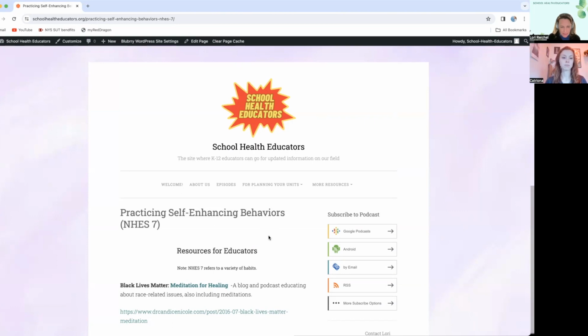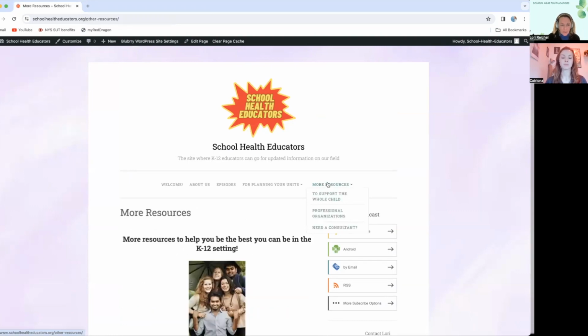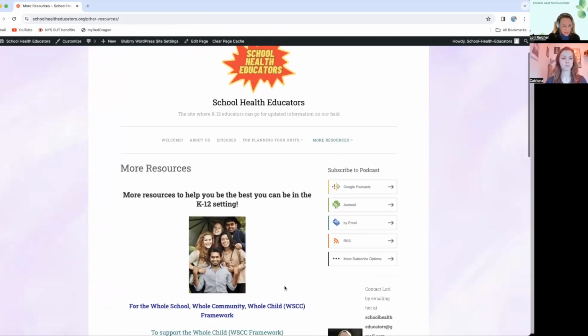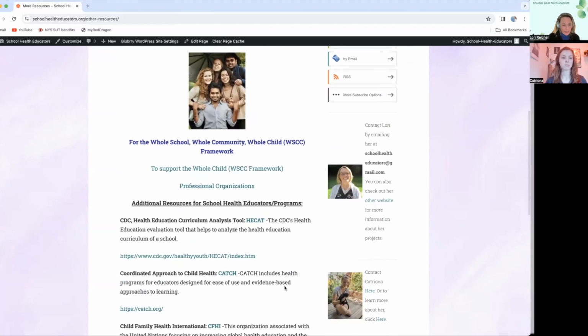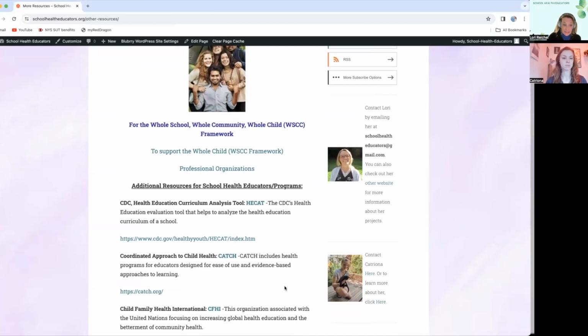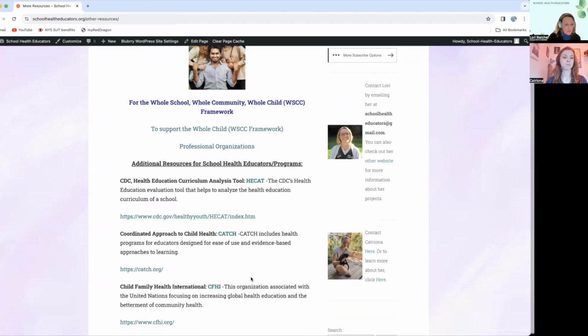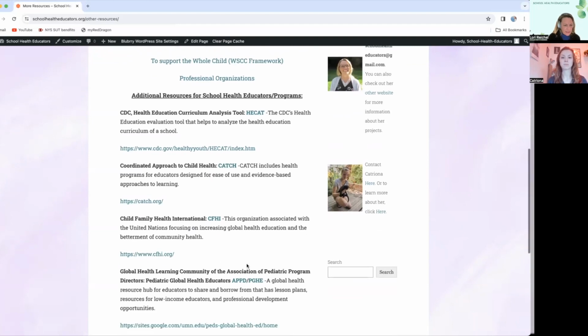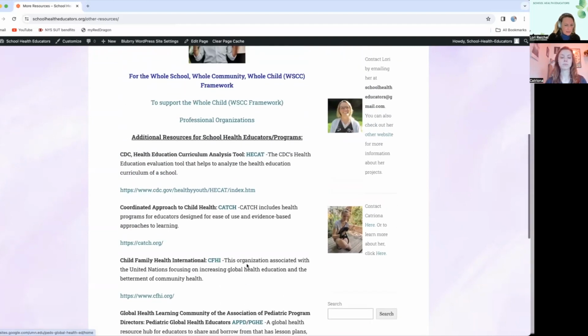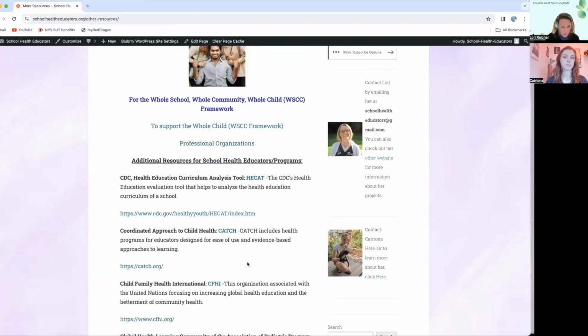The last tab that we're going to go over here is the More Resources tab. Right now, when I go to that, you'll see just a general list of more resources that you can go to, including things from the CDC, the Centers for Disease Control and Prevention, things for just different organizations that are dealing with the wellness of children and youth.